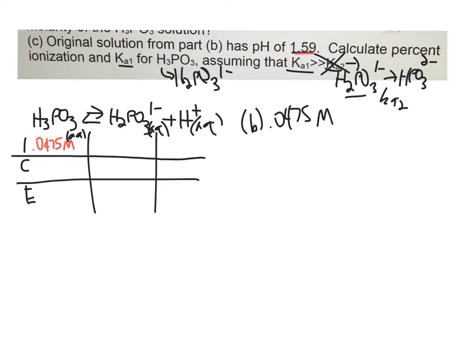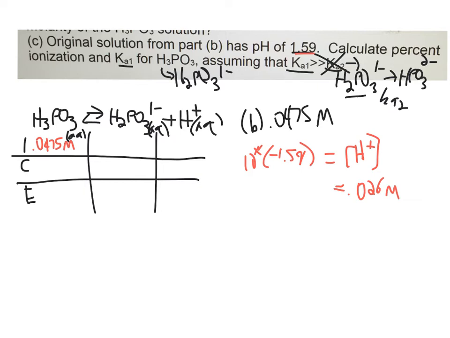So we know if we get the antilog of the negative pH, you can get the H ion concentration, right? So that's what I'm going to do here. Get the antilog using your calculator, and when you do that, you get roughly 0.026 molar, which makes sense because the pH is very low, so it should be a pretty big concentration of H ions.